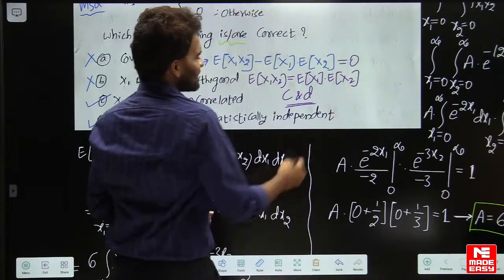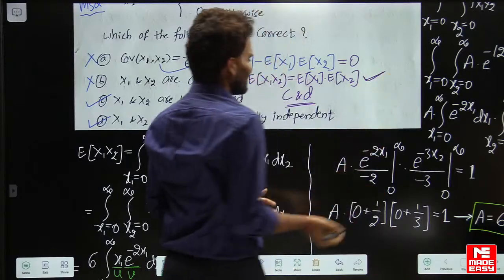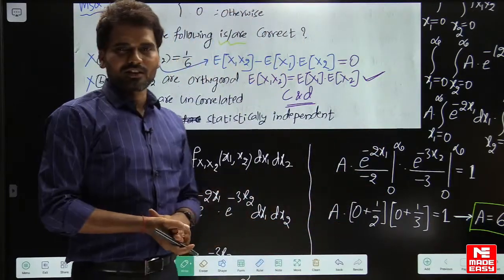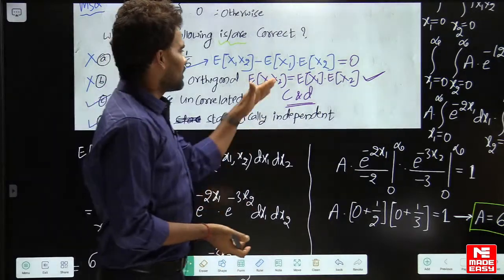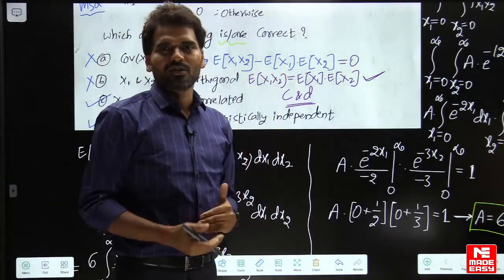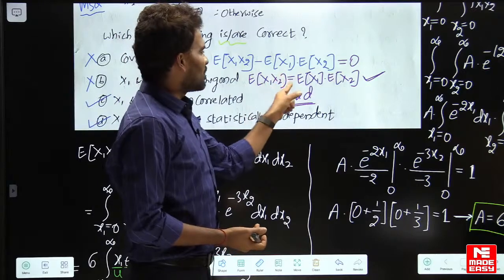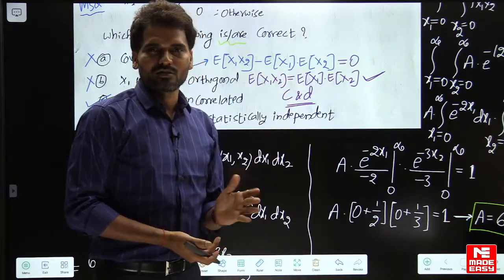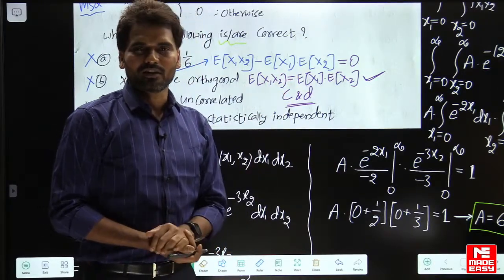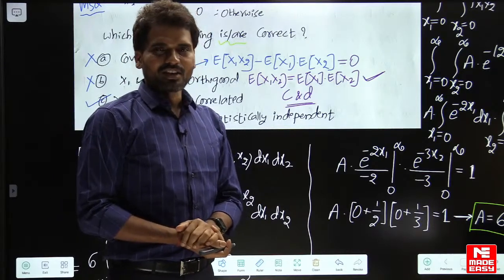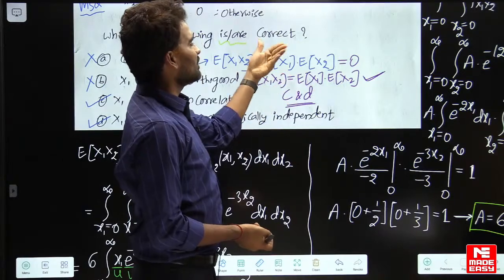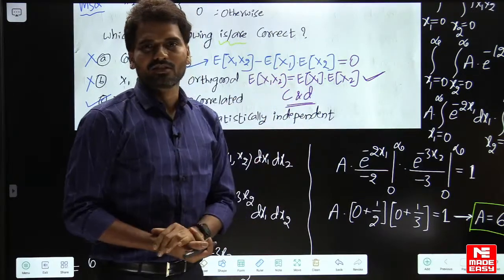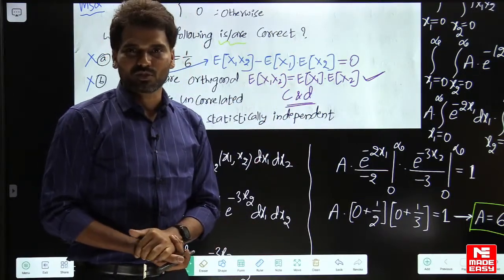But based on this result alone we can't conclude that x1, x2 are independent, because not only for the first order, for every possible order this equality should hold good. Then only you can say those two random variables are independent. So if two random variables are independent, then definitely they will be uncorrelated, but the reverse is not true.